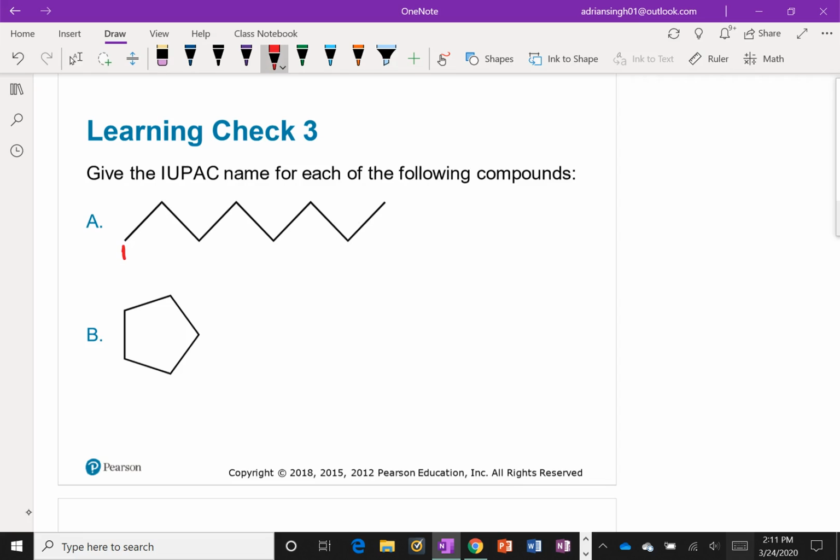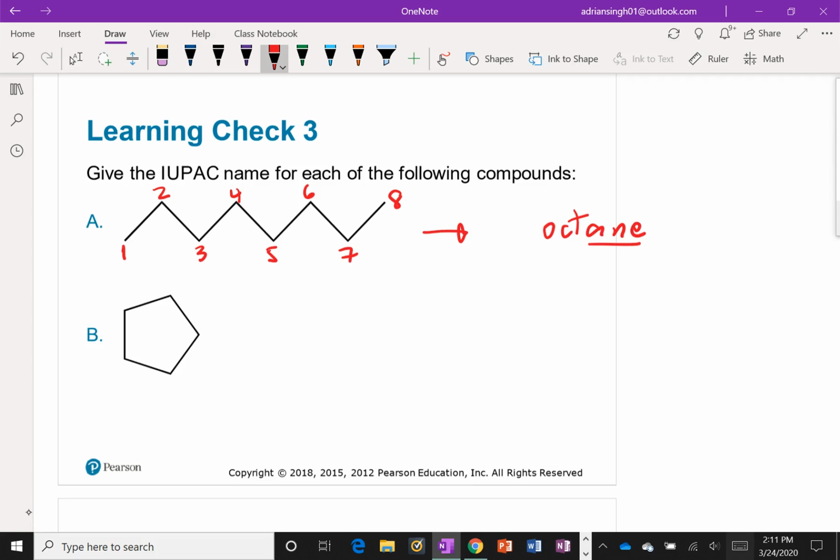So there's a carbon here. That's 1. There's a carbon there. That's 2, 3, 4, 5, 6, 7, 8. So 8 carbons is the longest chain. The prefix for 8 is oct. They only have carbon-carbon single bonds. So that would make it an octane or an alkane.